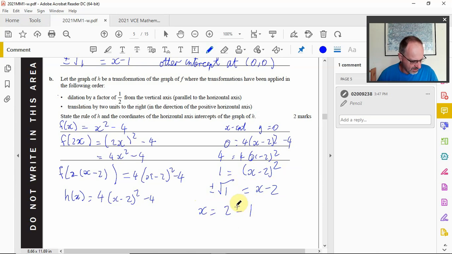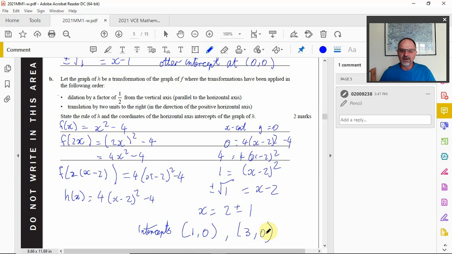And then add 2. So we've got x equals 2 plus or minus 1. So my intercepts are 2 take 1, which is 1, so (1, 0), and 2 plus 1, which is 3, (3, 0).